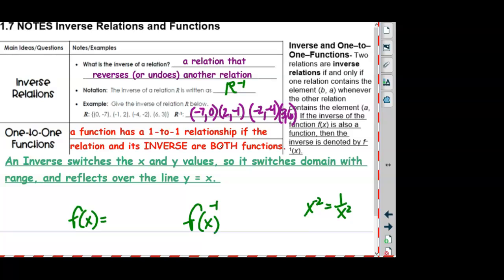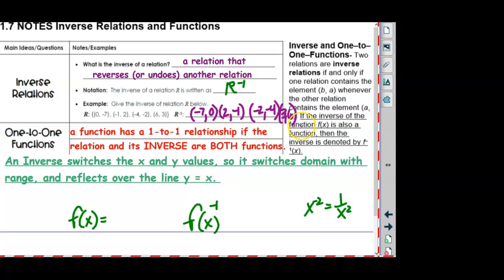All right, so every relation, you can probably find a way to undo it with a separate equation. But we want functions, and functions have an inverse function if they are what is called one-to-one. Two relations are inverse relations if and only if one relation contains the element BA and the other contains the element AB.